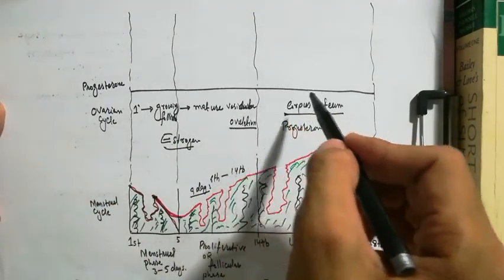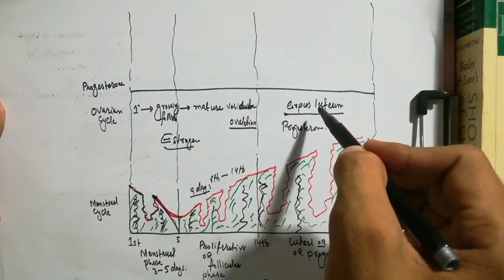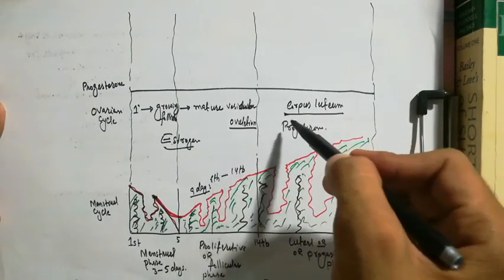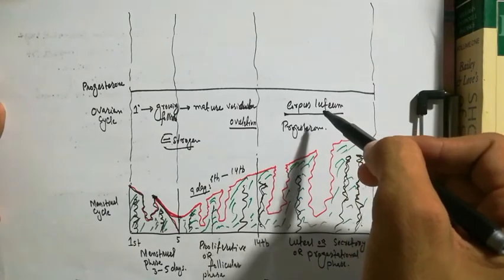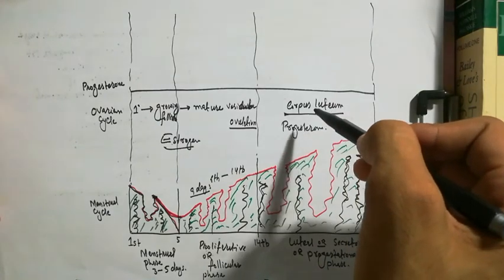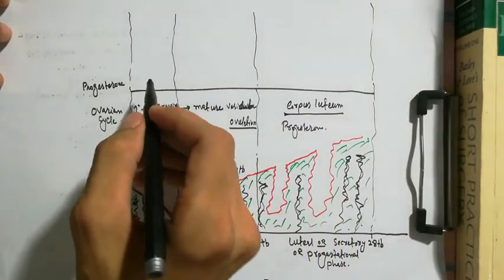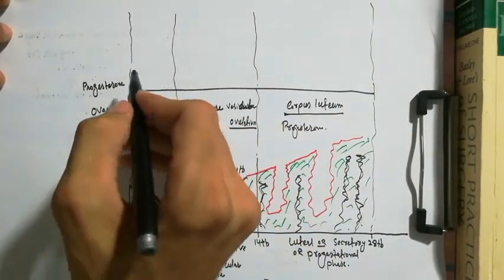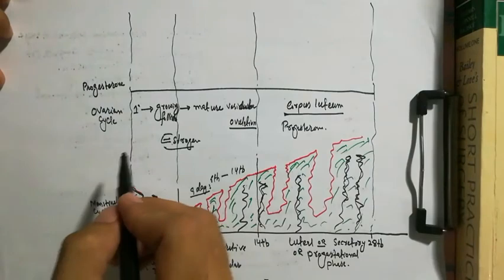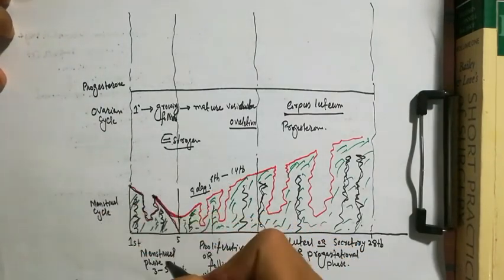It is more secreted when corpus luteum is formed. After ovulation, when corpus luteum is formed, it secretes high concentration of progesterone. So, what will be the concentration of progesterone during different phases?